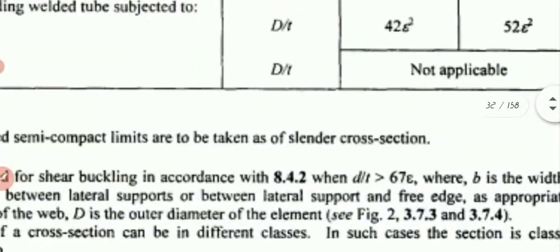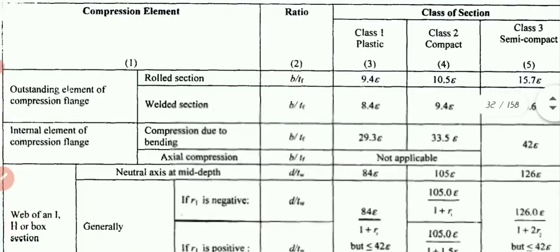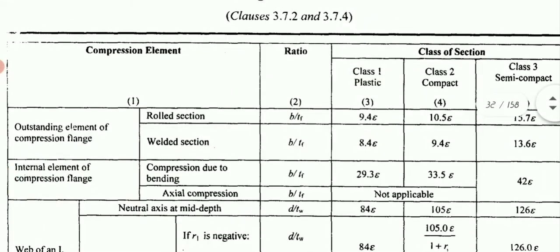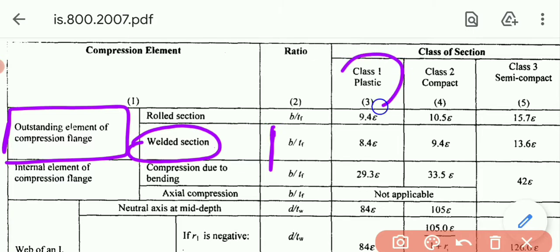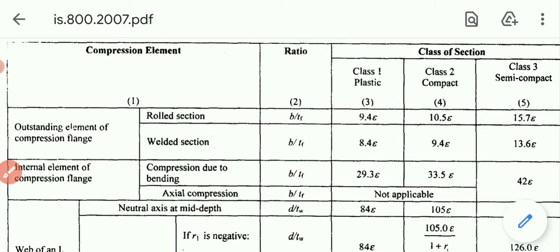Now for the outstanding element of the compression flange, as we are designing the built up section, it will be a welded section. Then the condition for the flange to be plastic is b by tf should be less than 8.4 epsilon. So I'm going to use this condition.